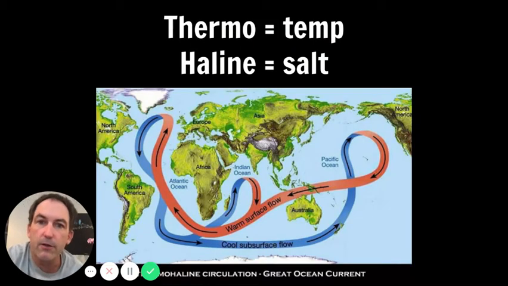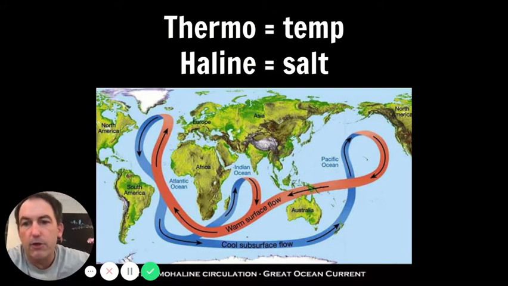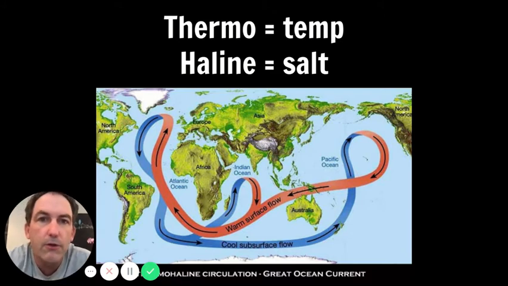Okay, so we said these gyres are connected, and the term is, you'll alternately hear, global ocean conveyor or thermohaline circulation. Thermo meaning temperature, and haline meaning salt. This global ocean conveyor is moving throughout the world's ocean basins in a long, very dynamic and robust current, bringing warm water to polar regions and colder polar water to more equatorial regions.